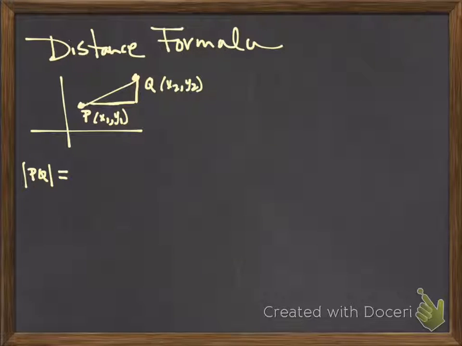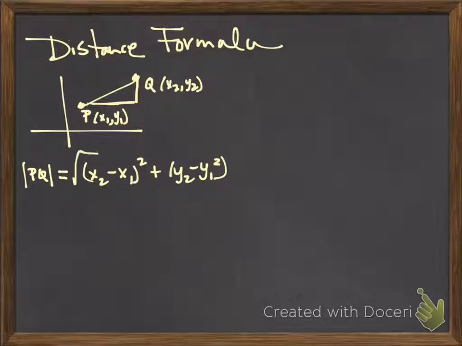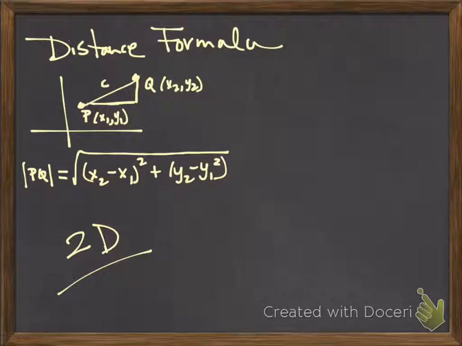The distance in the x values squared plus the distance in the y values squared, right? That's the sum of the legs of the triangle squared, and if we take the square root of it, that'll give us our hypotenuse C. And that is how we derive the distance formula in 2 space.